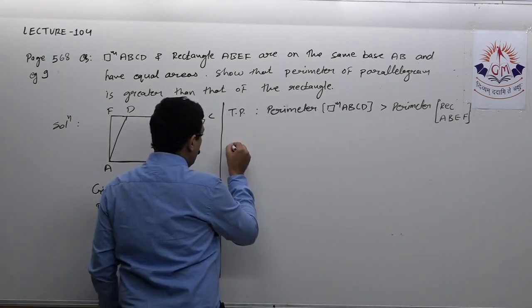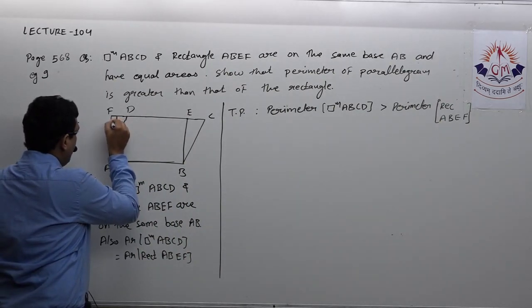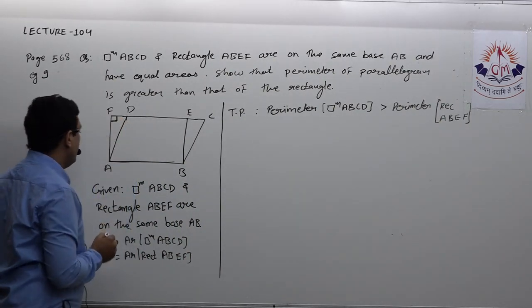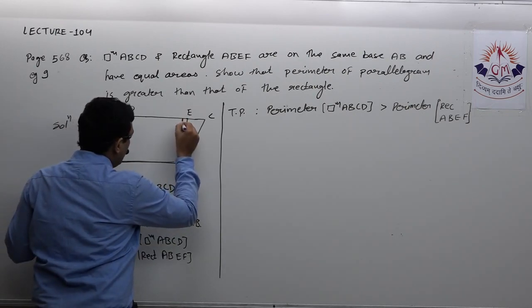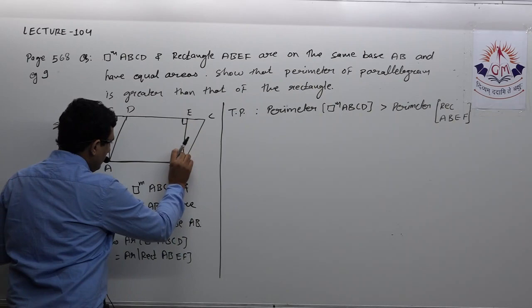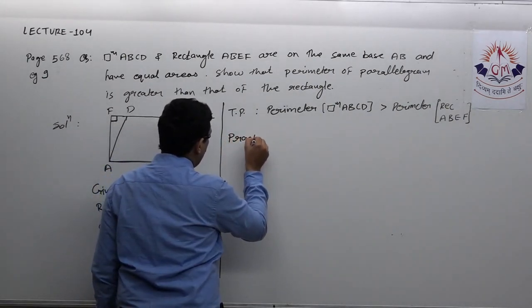Okay, so let us see how to prove this. See, it's a rectangle, so this angle is 90 degrees. This angle is also 90 degrees because it's a rectangle. So let us see its proof.